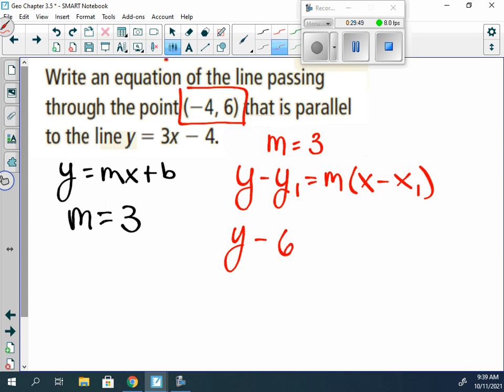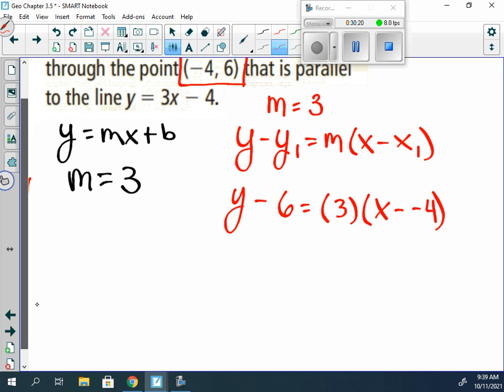So we'll say y minus 6 is equal to m, which is our slope, which we found to be 3, times x minus -4, close parentheses. So we took the equation y minus y1 equals m times x minus x1 and plugged in the values for the slope of 3 for m and 6 for y1 and negative 4 for x1.